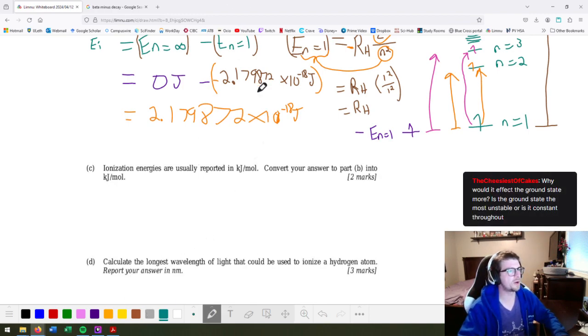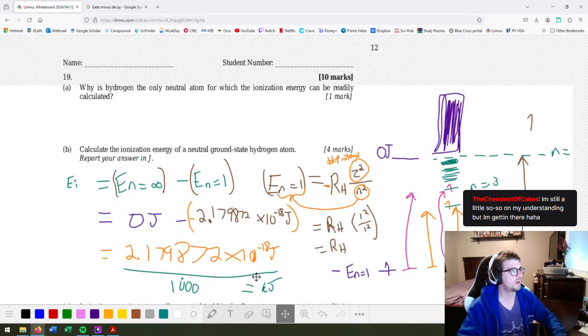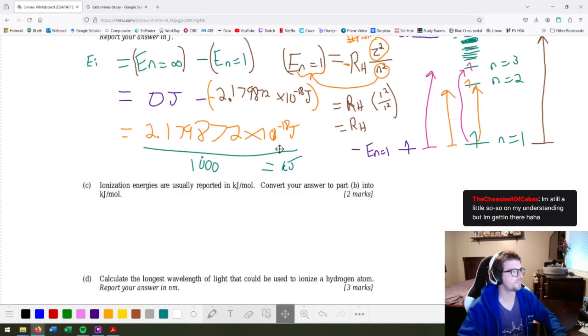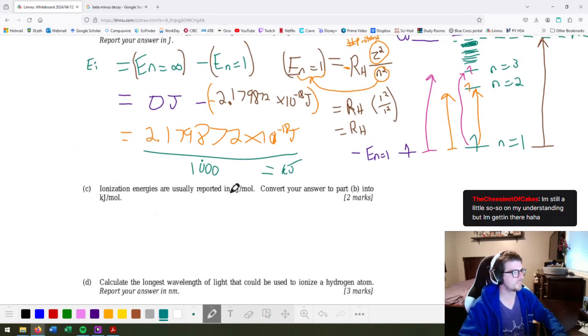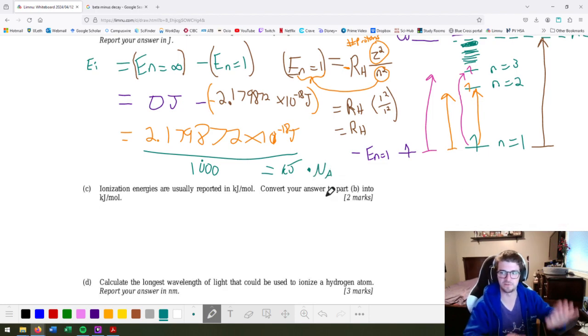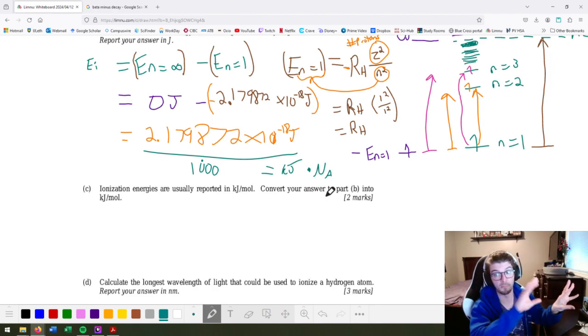I'm not going to worry about it too much, but you would essentially take this number divided by 1,000 to get the kilojoules, and then you multiply that number by Avogadro's number, which is a conversion from a thing into a mole of a thing.